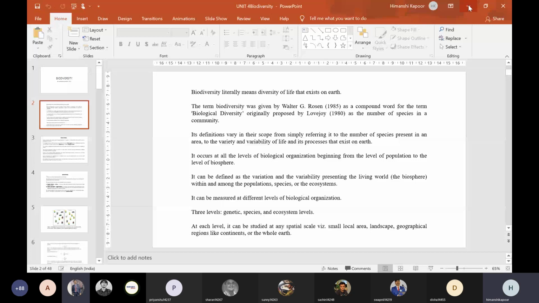Okay, not digressing much from the topic. So biodiversity is essential because each and every species has its own function in the ecosystem. So you understand the term ecological niche? It is a particular habitat and a function which is assigned to an organism.